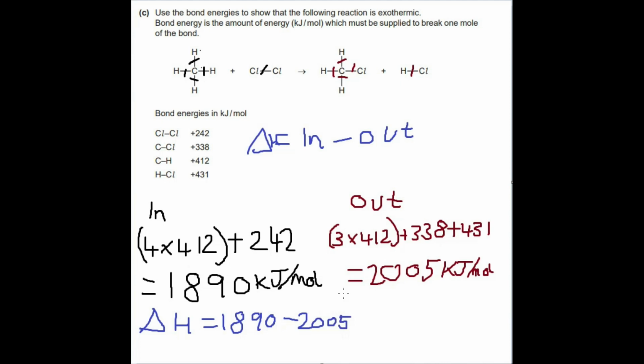So 1890 minus 2005 gives us negative 115. Make sure you get it the right way around, otherwise you'll get the wrong sign. And that tells us that this particular reaction is exothermic because it is negative delta H. So that's how you work this out.